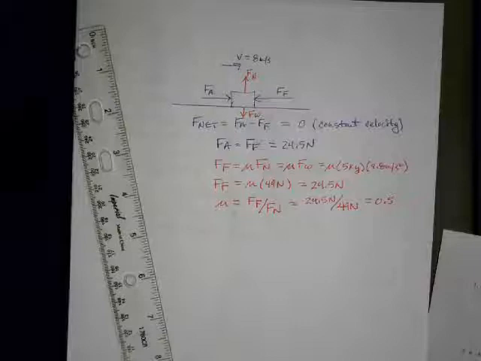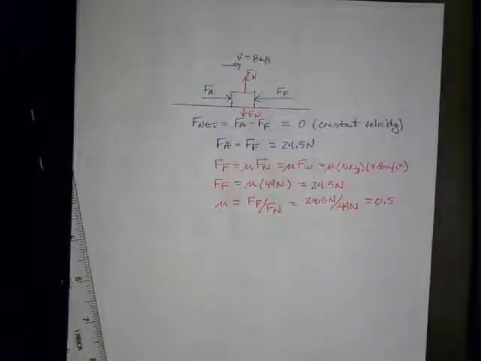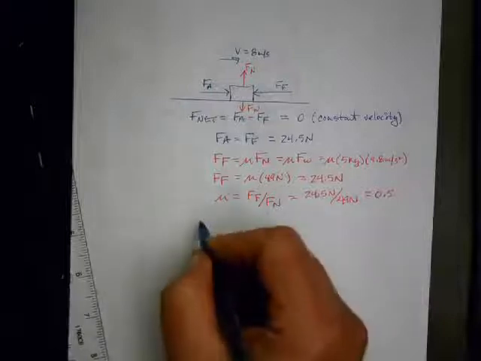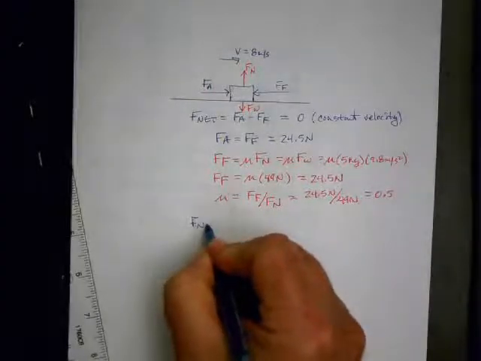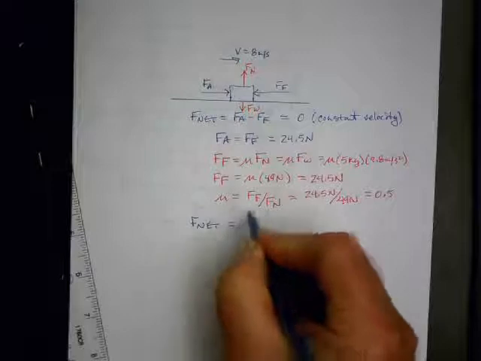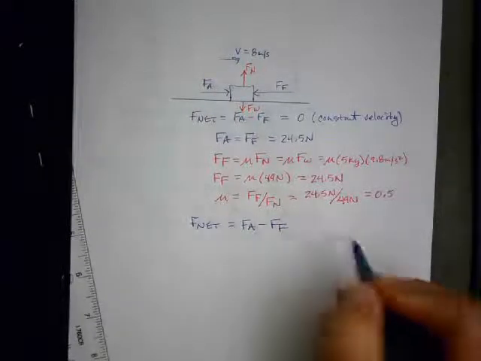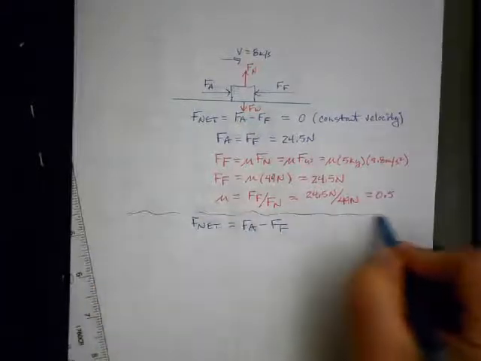Now, part B here says redo part A, but now the box is accelerating at 0.8 meters per second squared. Okay, so what does that change? Well, our FNet is still that, okay?